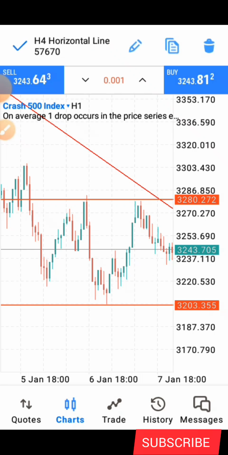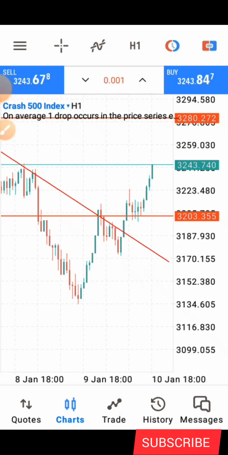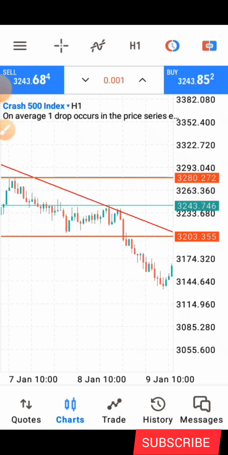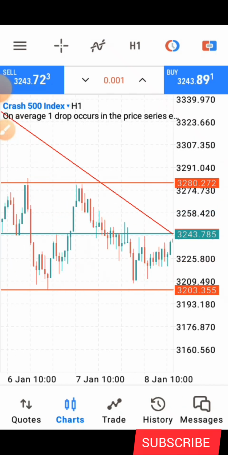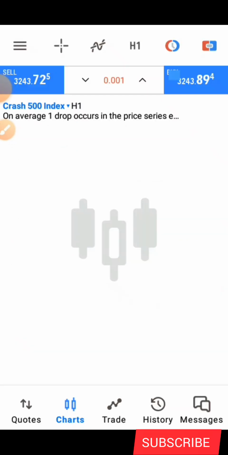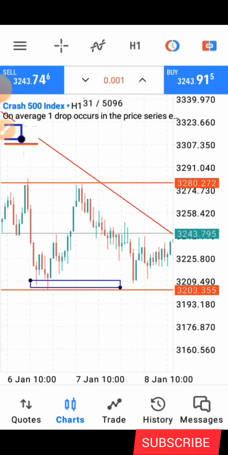Okay, so since I've identified this, this thing is not just a line, right? It's a zone. So what I'll do next now is to try and mark out the zone properly so that you know what's going on.